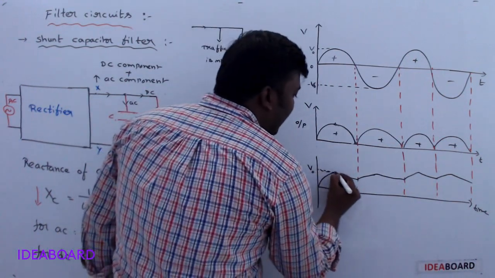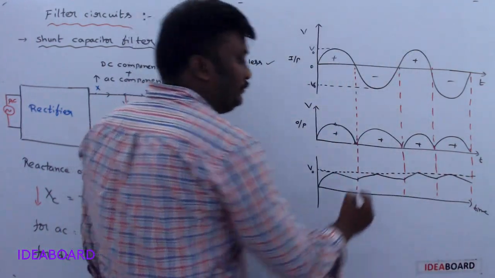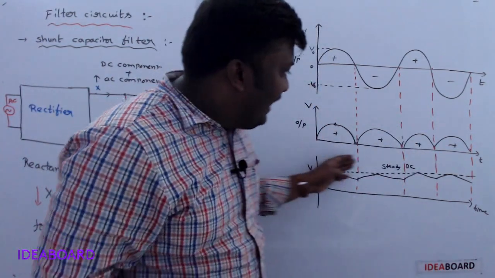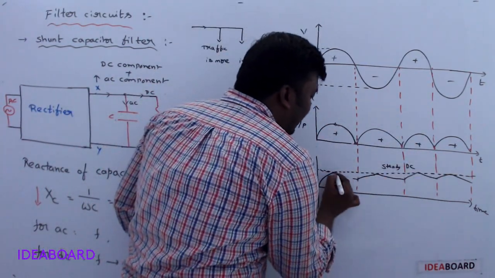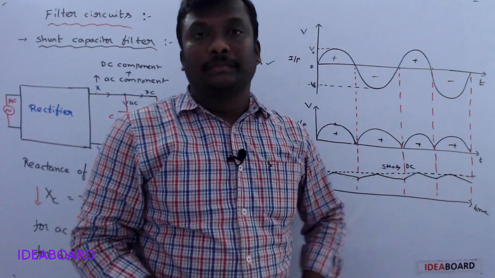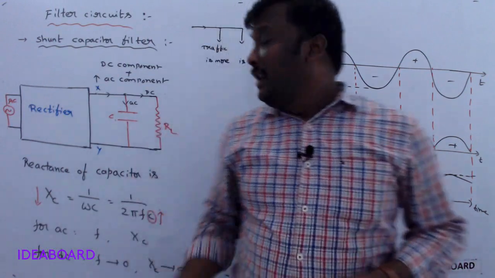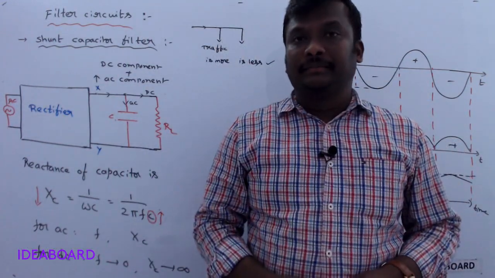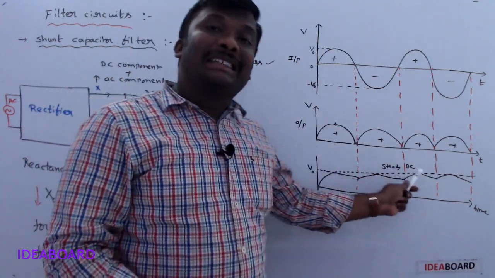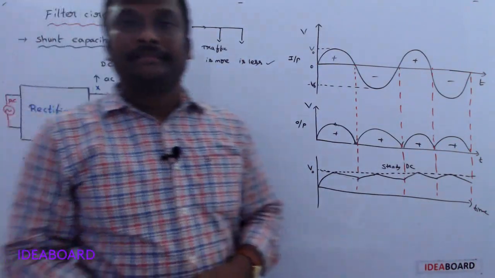So it is nearly a steady state. It is not possible to get complete DC, but a nearly DC value is obtained due to the presence of a capacitor connected parallel to the load resistor. So across the load resistor, we get only a steady DC.